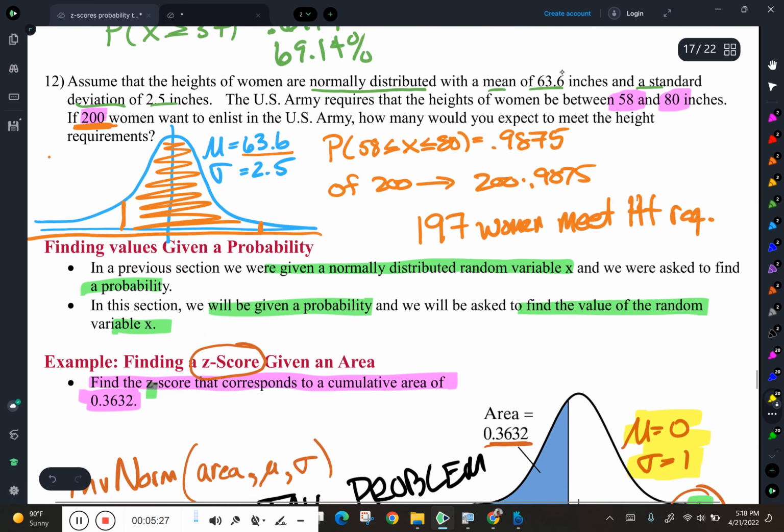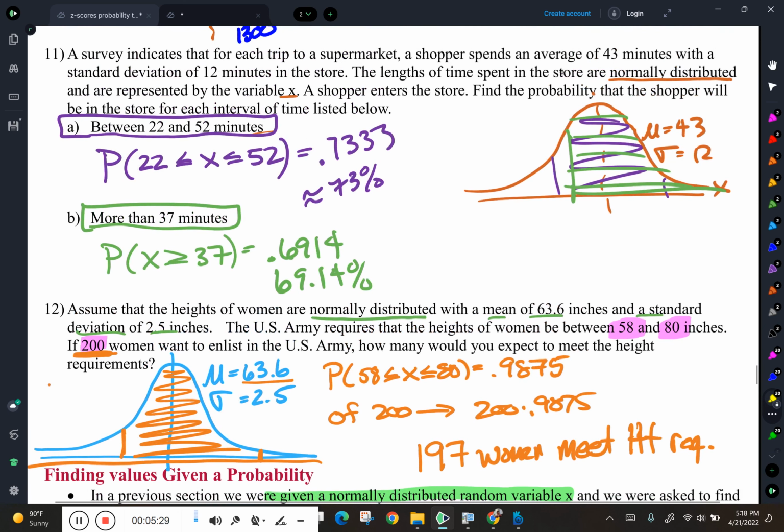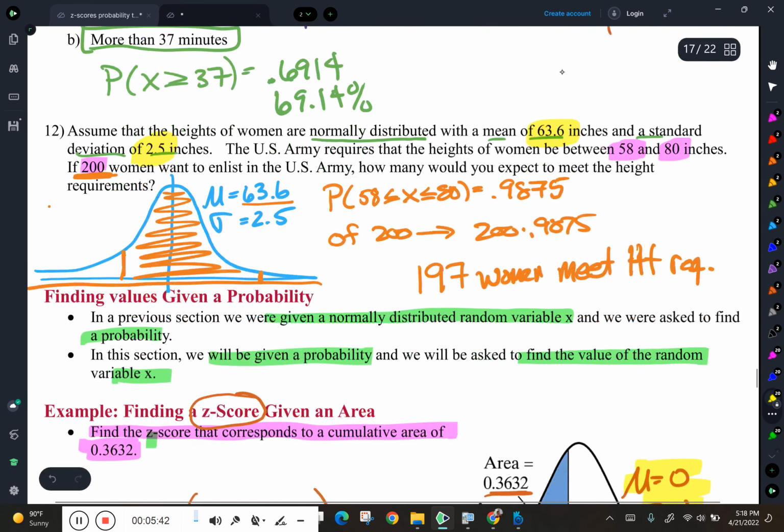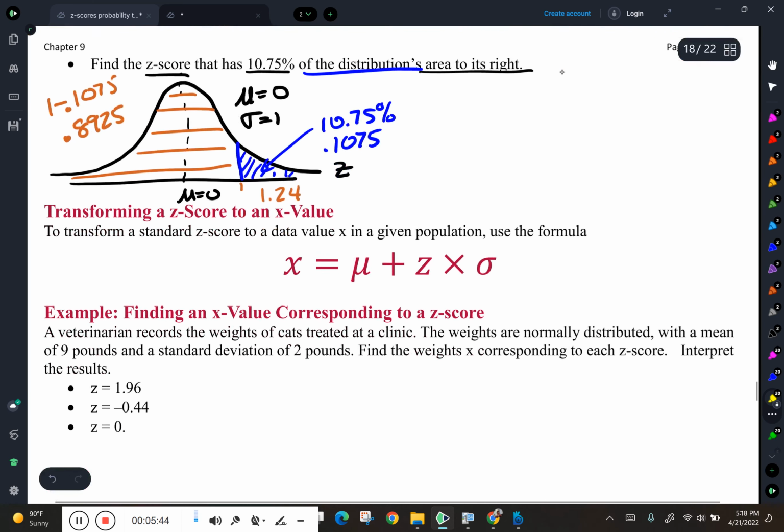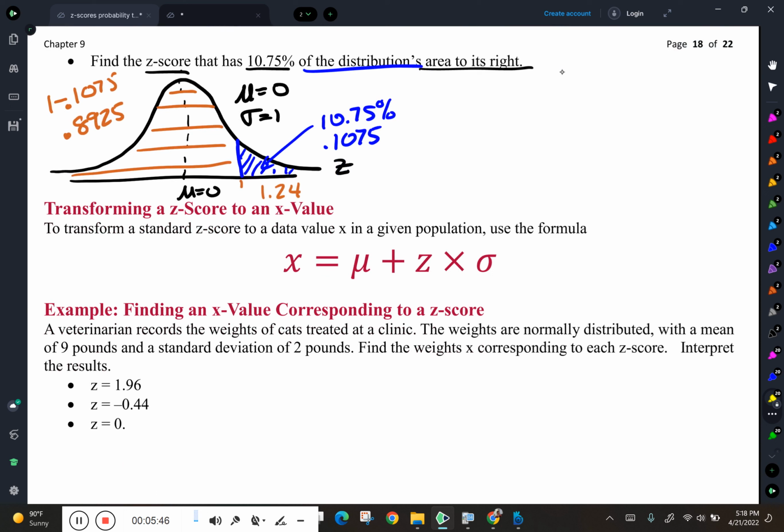But most of the real problems are going to be like these guys right here, where there are just some normal distribution with a random mean and a random standard deviation, and some questions about ranges of values. Occasionally, though, if you have a z-score and you want to turn it back into an x, you might need a formula for it.